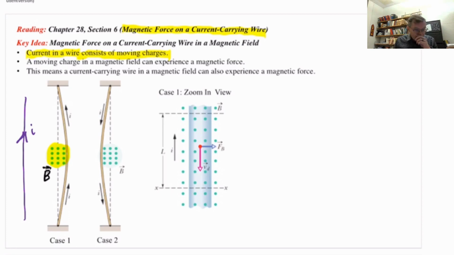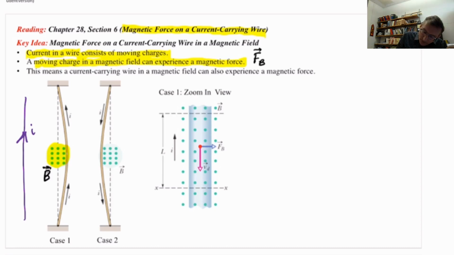All right, so that means that if that wire is sitting in that region where the magnetic field is, and that wire has current in it, and current is moving charged particles, then we already know from the very first section of chapter 28 that a moving charge in a magnetic field can experience a magnetic force.